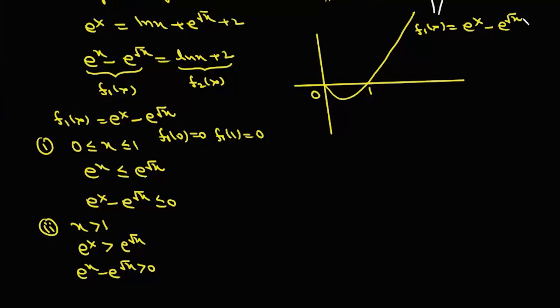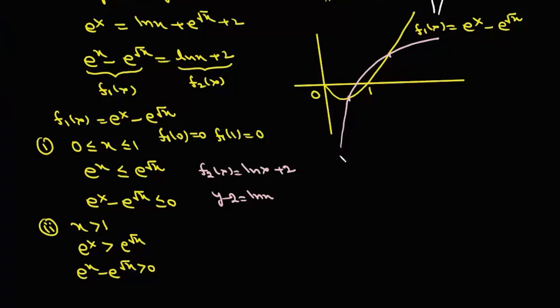Now this f2(x) function is simply log x plus 2, and basically this is y minus 2 equals log x. So basically we have to take the graph of log x and then shift it 2 units upward. So this graph will be drawn like this. So it will intersect at 2 points.